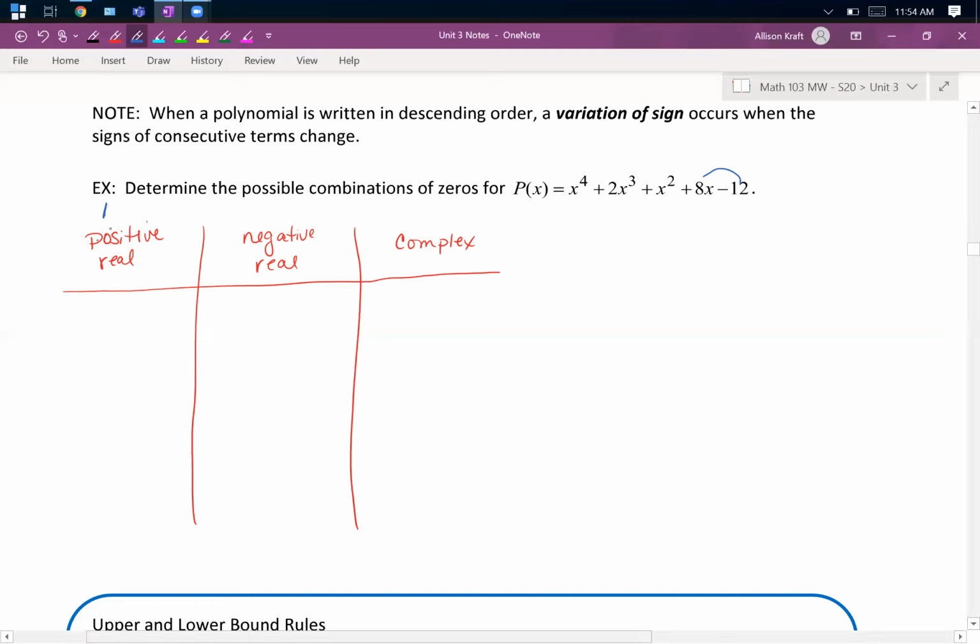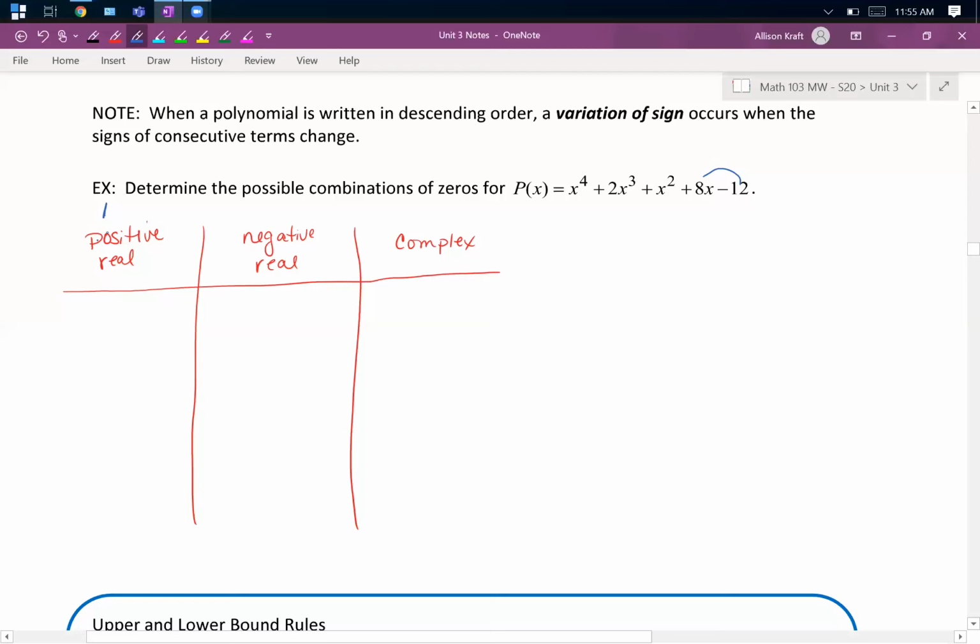So if I take this 1 and I subtract 2, which is my first multiple of 2, I get -1. And as we just said, a negative number does not make sense when talking about a quantity. So there is not a second option possible for positive real zeros. There is going to be exactly 1.